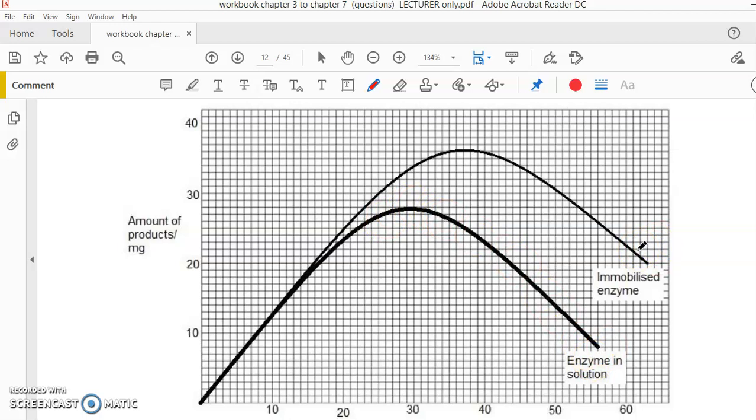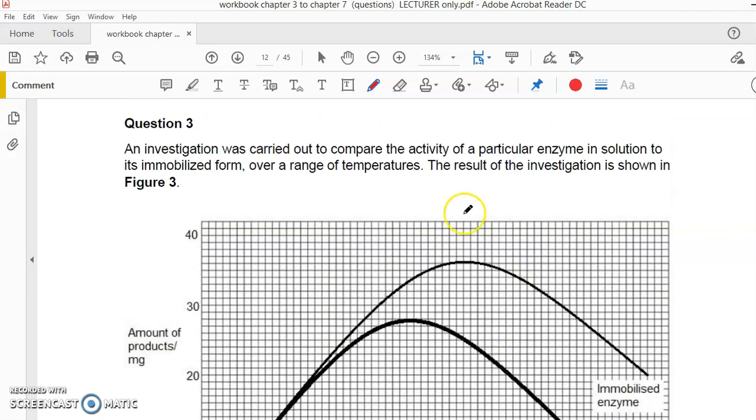We can clearly see with the technology involving immobilized enzyme, more amount of products produced than enzyme in solution. Okay, so based on the question given, an investigation was carried out to compare the activity of a particular enzyme in solution to its immobilized form over a range of temperatures.